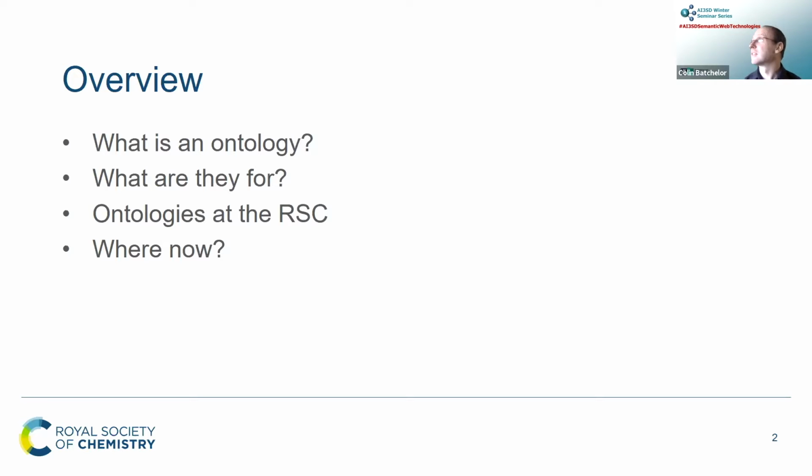And this meant that they didn't really have a helpful definition of what an ontology was, and I realise that not all of you may be familiar with what ontologies even are. What are they for? We've seen examples given by Sammy, but this is of course a standalone talk which people may be watching on YouTube. What we have done at the RSC and where we are now.